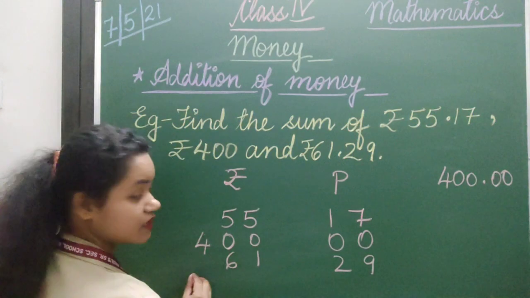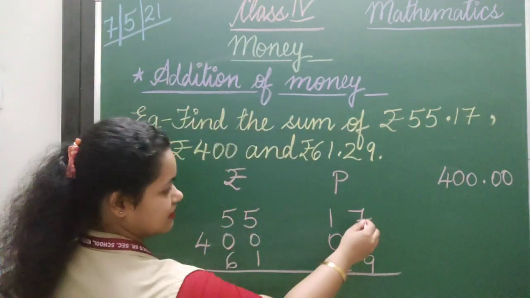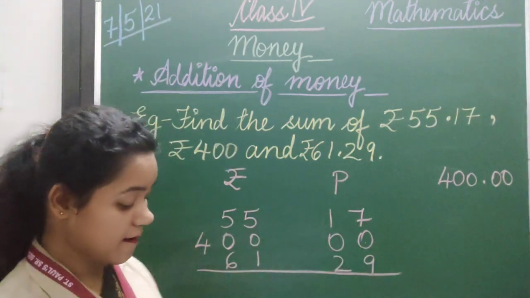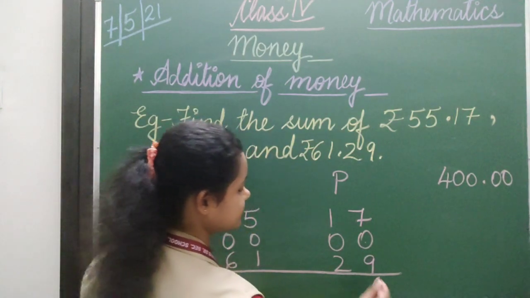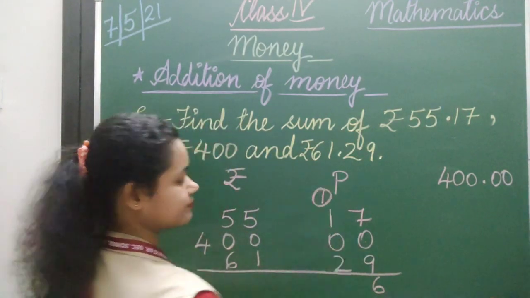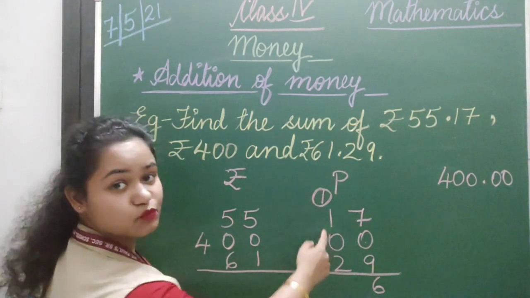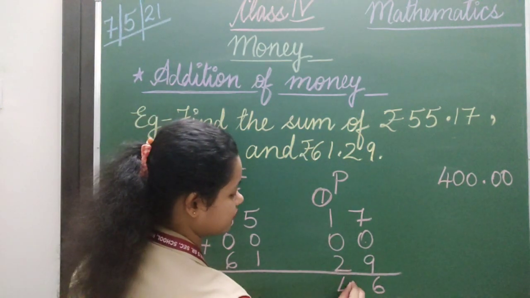Now add and see what is the answer. 7 plus 0, 7. 7 plus 9 is 16. 6 carry 1. Yes? Alright. 1 plus 1, 2. 2 plus 2, 4.